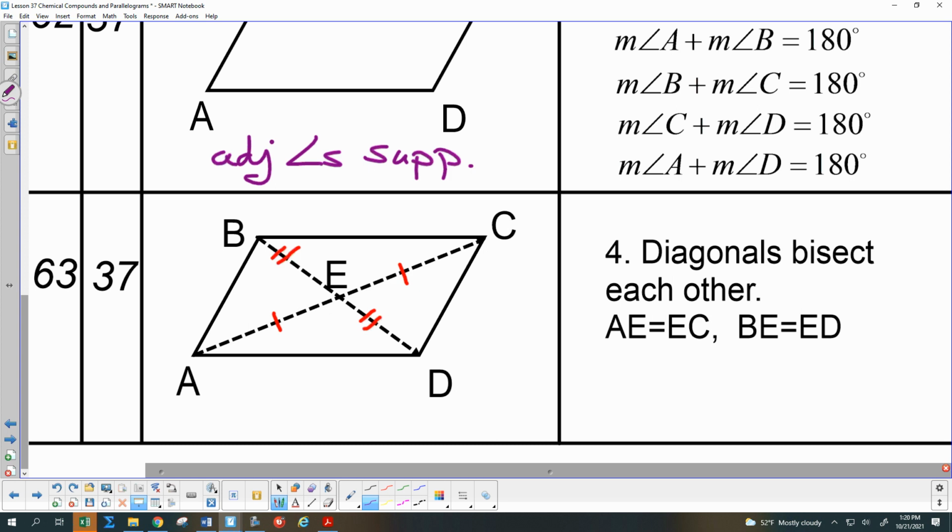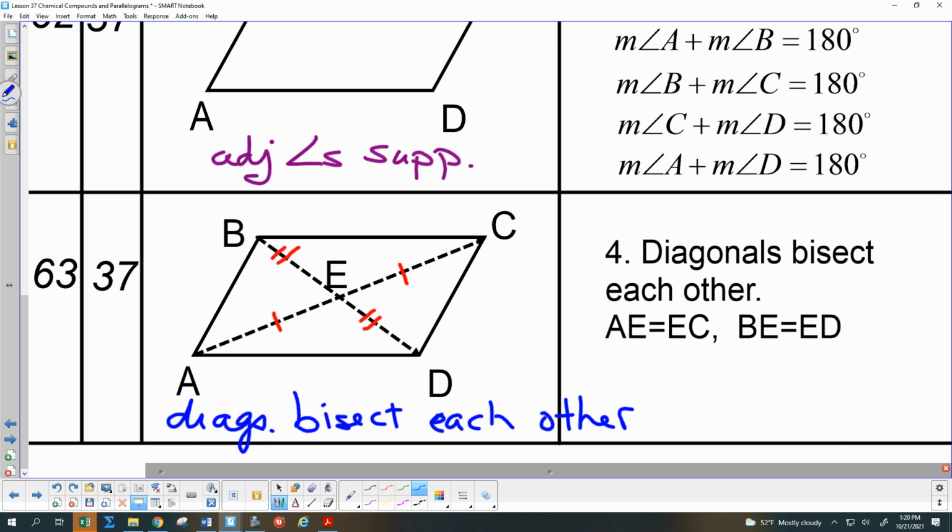So the diagonals bisect each other, and we probably should label that something like diagonals bisect, and I do want you to say each other because there's another property we will get to later where they also bisect angles, at least in certain cases. So, everybody good with what that one means?